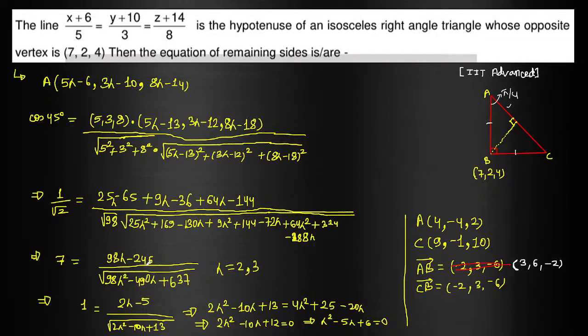On solving, we got 98 lambda minus this, and this is a square, b square, c square, a square, b square, c square. So the dot product is simply solved. We divide by 49 up and down. We are going to get 2 lambda minus 5 divided by root under 2 lambda square minus 10 lambda plus 10. It will go that side, we square, and on solving we get lambda equal to 2 or 3.